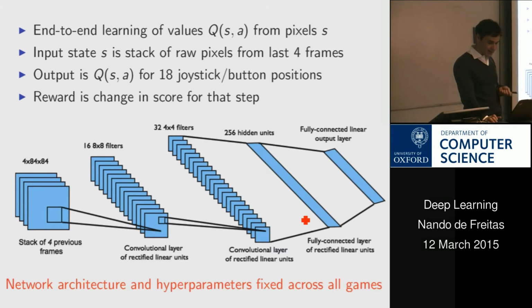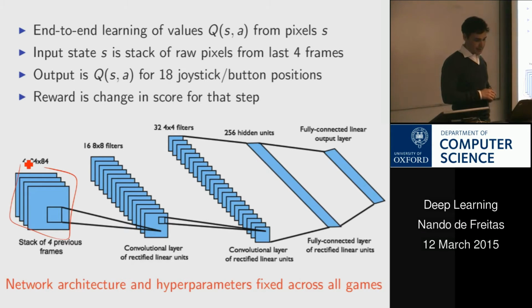Nothing exciting here. The state is basically 4 video frames, and I guess they found 4 worked well. You do convolutions, not much pooling, because it's not like a real image where you need pooling to deal with invariances. The images in Atari are sort of old school, yellow, red, blocky, and so on.